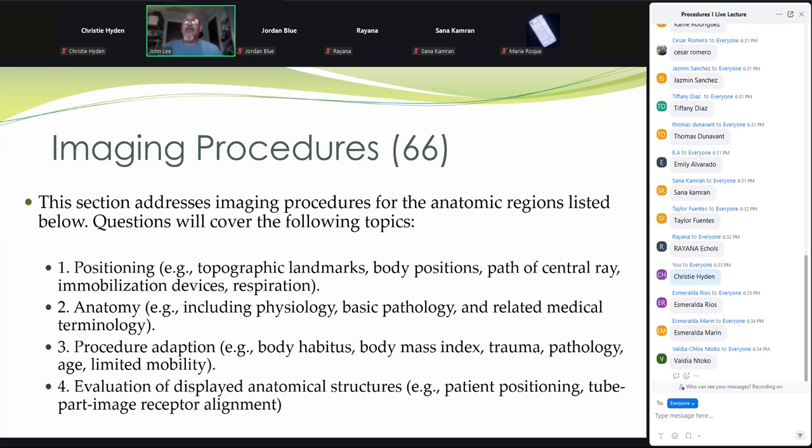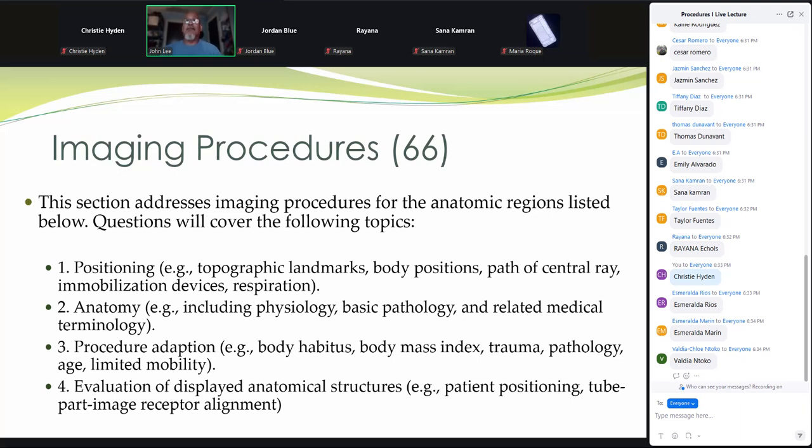That said, the questions will cover positioning. So we're looking at the topographic landmarks, all the body positions, the path of the central ray, along with the immobilization devices and respiration instructions. Anatomy will include the physiology. It's going to have some basic pathology, not much more than you've already covered. Also, the related medical terminology that goes with that.